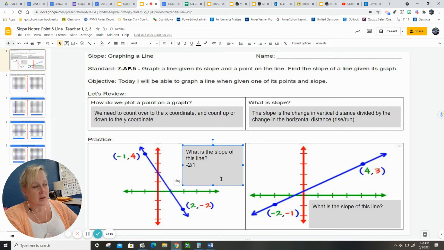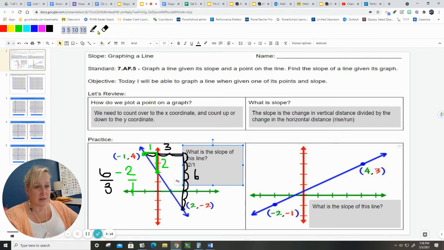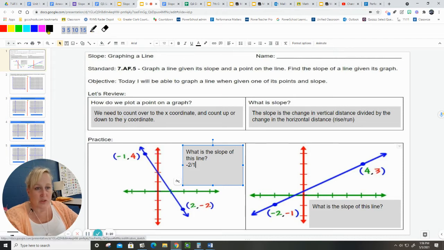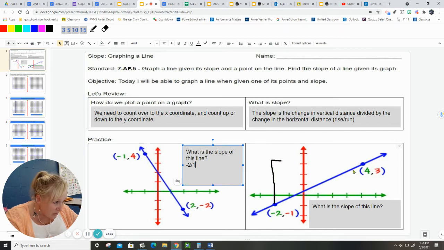We are also going to try to do that over here with this slope of the line. I'm going to do the same thing I did before and try to find points where it crosses. I'm not sure because it's not an easy cross. So I'm going to draw my triangle as best I can, and I'm going to count.